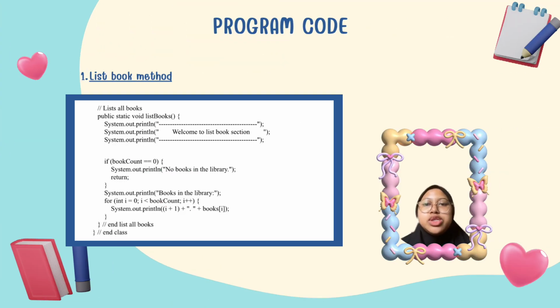Furthermore, for the list book method, we also use public void listBook and System.out.println to display welcome to list book session. We also use an if statement with book count equal to 0 as the condition that will print no books in the library.